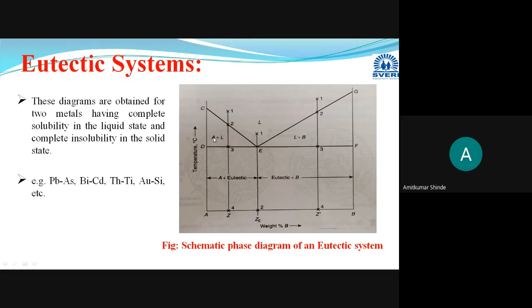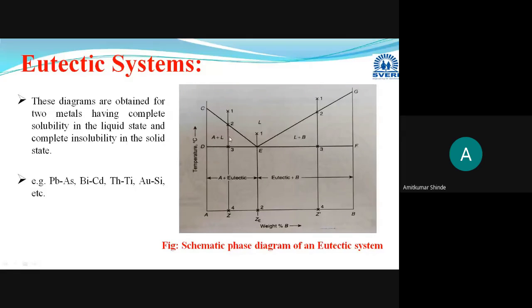The actual amount of the solid A will vary along this line CDE, and the amount of liquid will vary along this liquidus line CE. When the temperature falls below 2, the amount of solid will start increasing as element A separates out from the liquid, and this process will continue up to point 3.